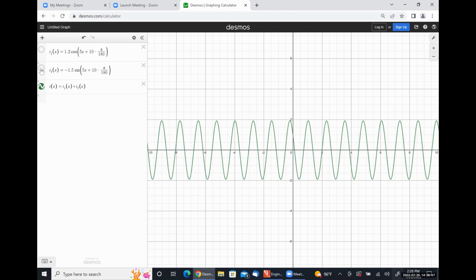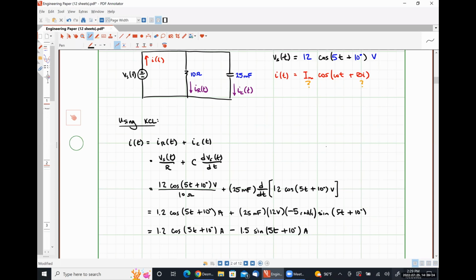What I am attempting to illustrate here is that the combination of those two sinusoids that we developed, one for the capacitor current and one for the resistor current, can be combined together into a single sinusoid with a single amplitude and a single phase angle, which is exactly what we have right here.